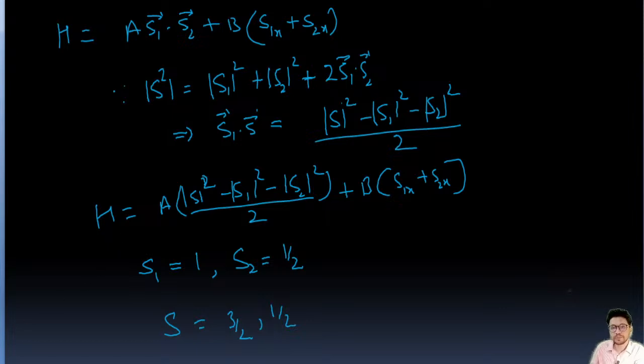Now from here, S1 and S2 are given. From here we can find the operator S. Operator S square is going to be S into S plus 1, H cut square, right?